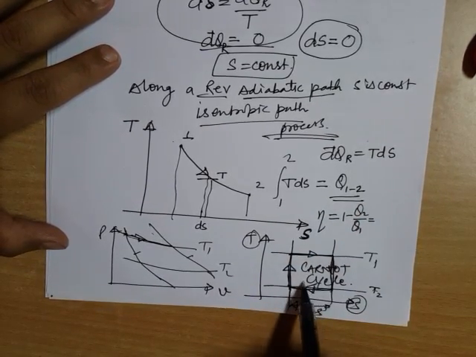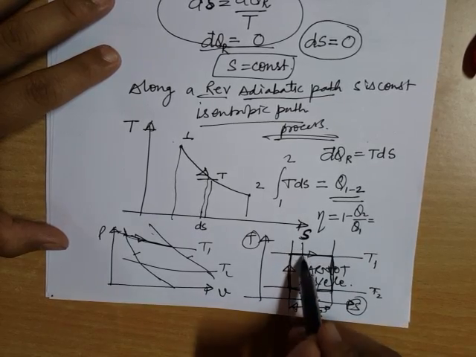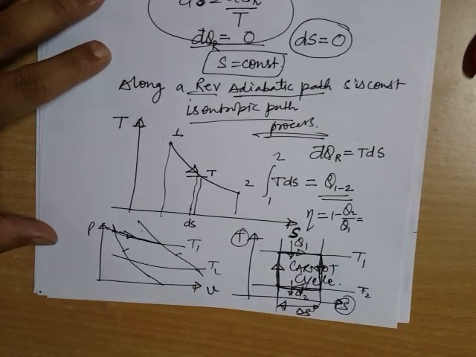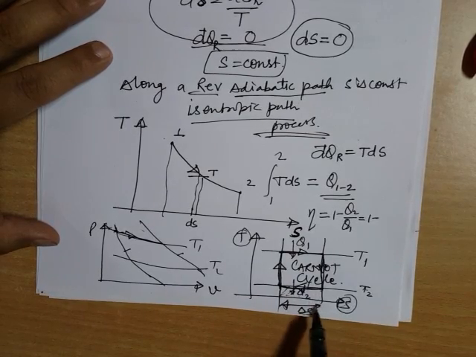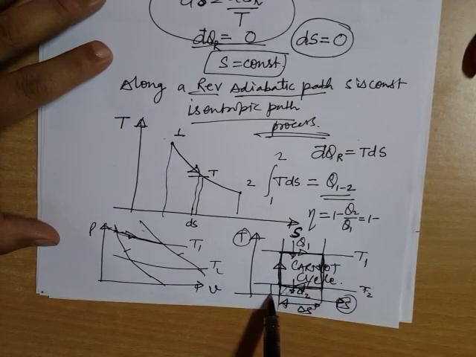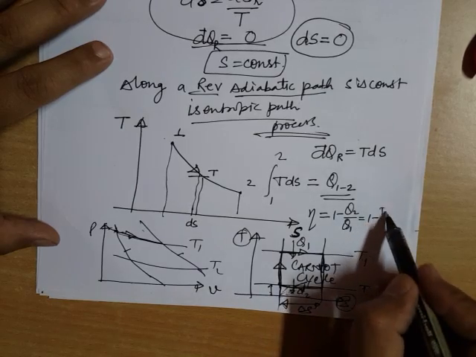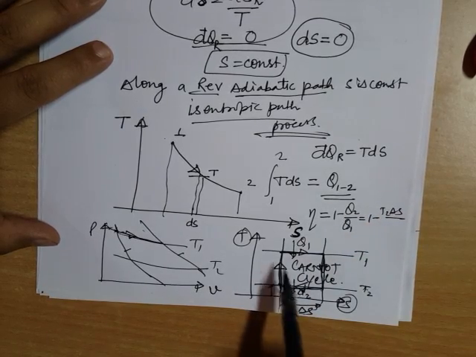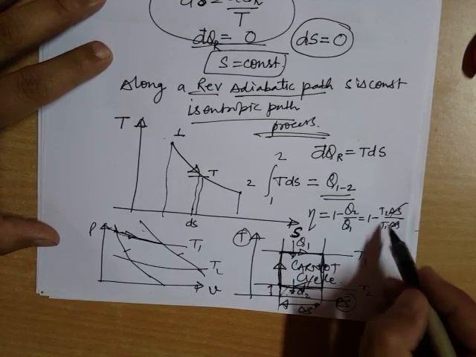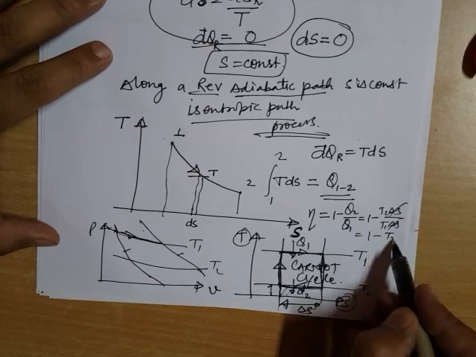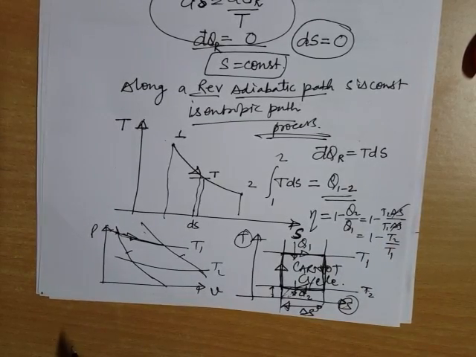What is Q2? Q2 is the amount of heat loss. What is Q1? Q1 is the amount of heat gain. So 1 minus Q2, Q2 will be the area under this line, that is T2 into delta S. What is Q1? It is the area under this line, that is this whole T1 multiplied by this delta S. This will get cancelled, so efficiency is 1 minus T2 by T1. You already know this.